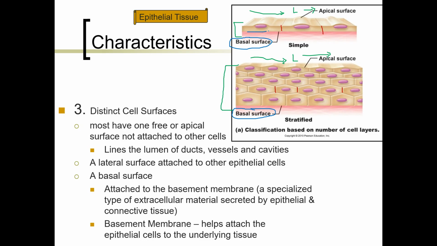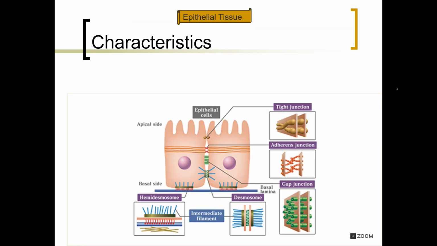So this right here would be that basal surface, okay, or basement membrane. And it helps attach that epithelial tissue to this underlying tissue right here, whatever it may be, usually connective tissue of some type. So it's got three basic surfaces to it.